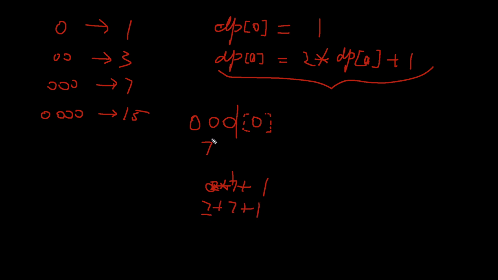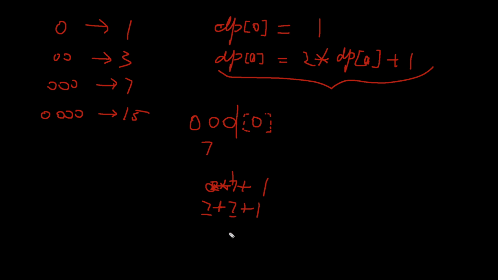Basically, the first 7 is whatever we have here, which means that we simply totally ignore the last zero. That's why we still have at least the previous 7 ways. But if we include this zero, then we'll have another 7 ways, because the second 7 means that we're ending with this new zero.